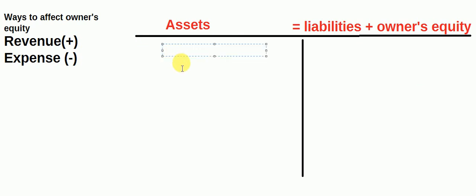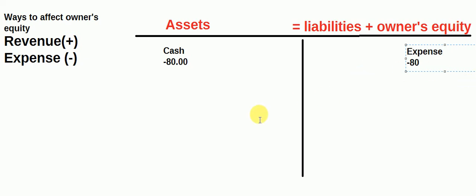Cash is paid $80. I'm gonna put minus here, minus cash. Owner's equity is also affected. I'm gonna put minus 80, and that is expense. So you see here that when you pay cash for expense, your owner's equity decreases.